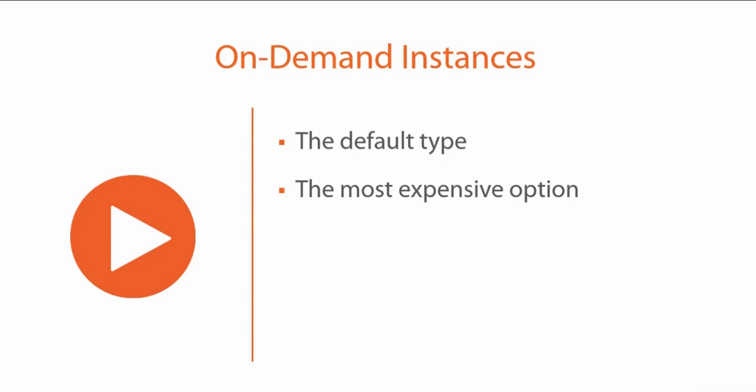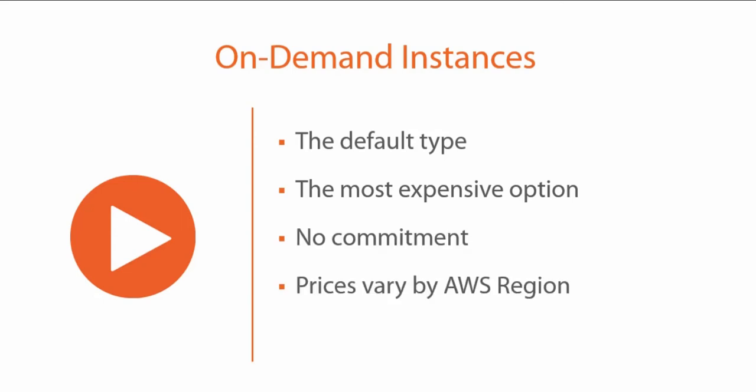With on-demand, there's no commitment. Prices will vary by AWS region. For example, US East might be less expensive than Ireland, or a region in Europe or China, etc. So the prices will vary by region, so keep that in mind.